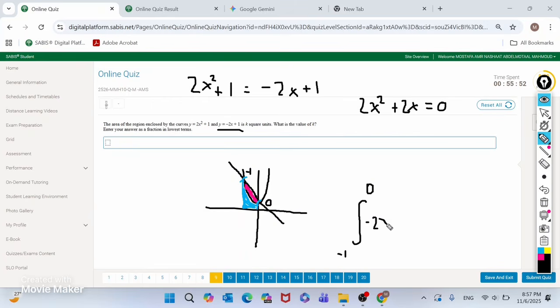Negative 2x plus 1, minus the integral, also from negative 1 to 0, of 2x squared plus 1.